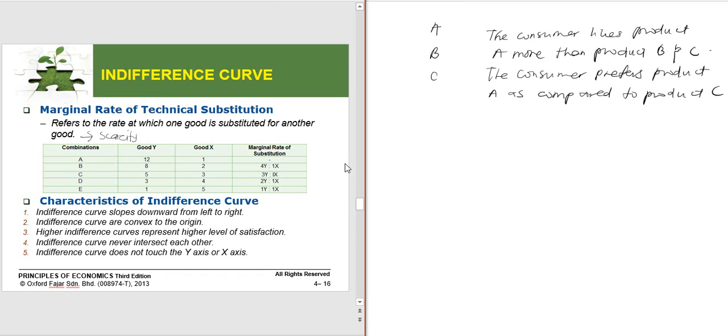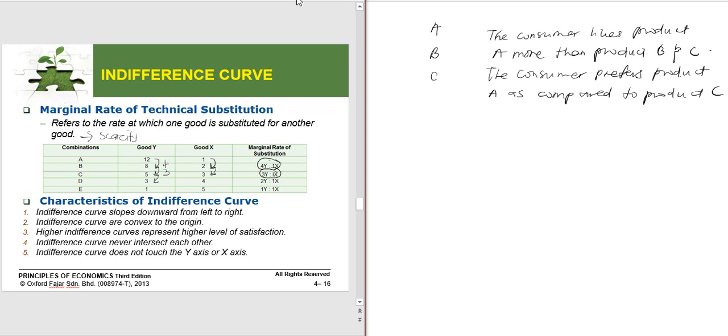How much is the marginal rate of substitution? For example, here, if you want to consume one additional unit of product X, the number of units of product Y that you have to reduce is 4 units. So the rate of substitution is 4Y to 1X. If you want to add another unit of good X, you have to reduce 3 units of good Y. So the ratio is 3Y to 1X.